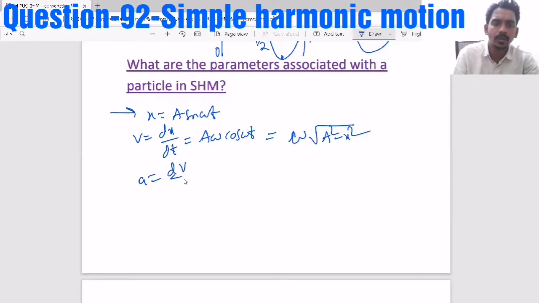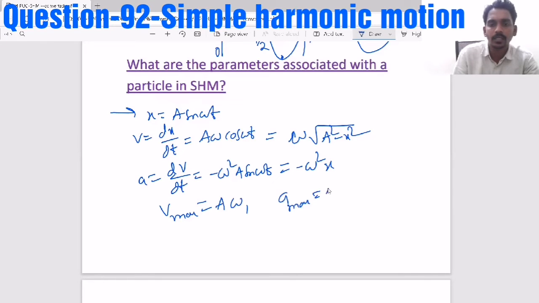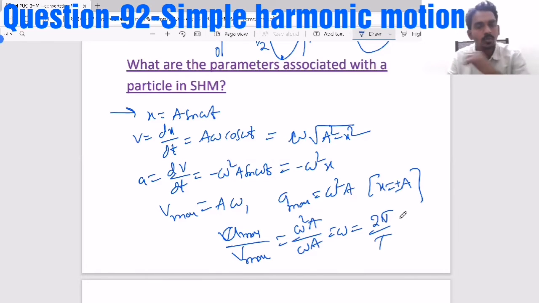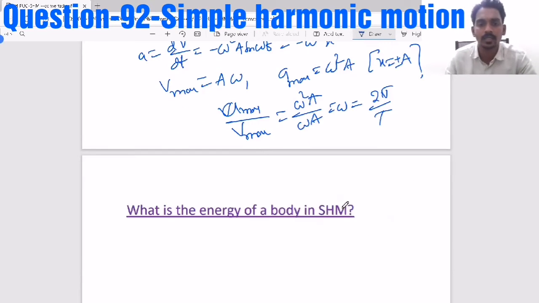Acceleration will become dv by dt, that equals minus omega square a sine omega t, or else minus omega square x, where v maximum is a omega and a maximum magnitude is omega square a, where x becomes maximum plus or minus a. So a maximum by v maximum is omega square by omega into a by a, that is omega, that is 2 pi by T. These are the parameters associated with a particle in SHM.